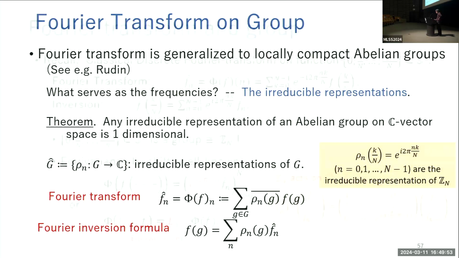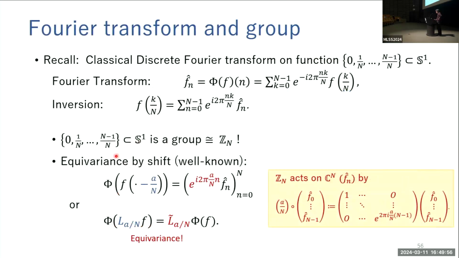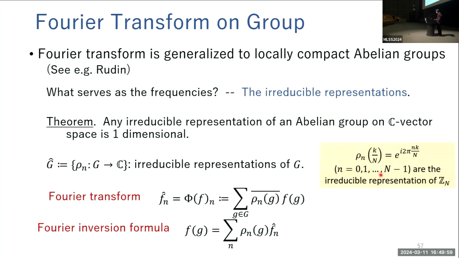Actually, in the case of Zn here, the irreducible representation is given by the Fourier kernel. So that's why I answered this question. The irreducible representation serves as a frequency. So instead of using frequency for the general class of groups, we can use the irreducible representation as a Fourier kernel to define the Fourier transform.